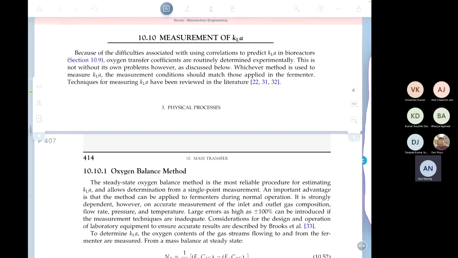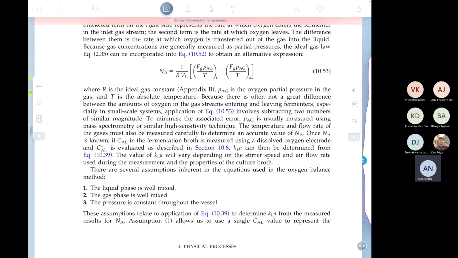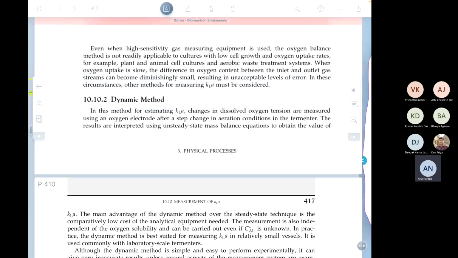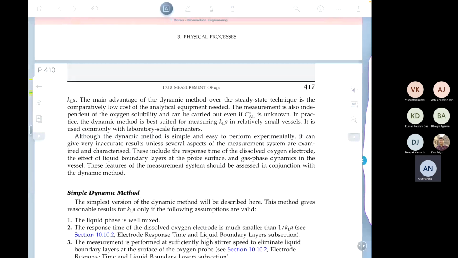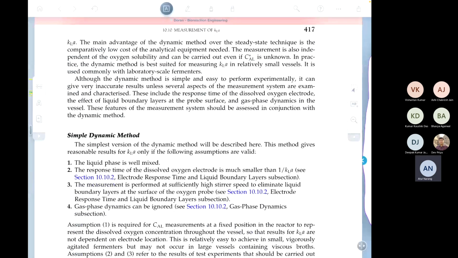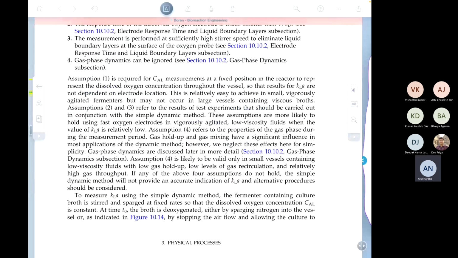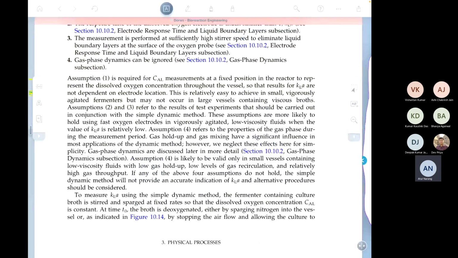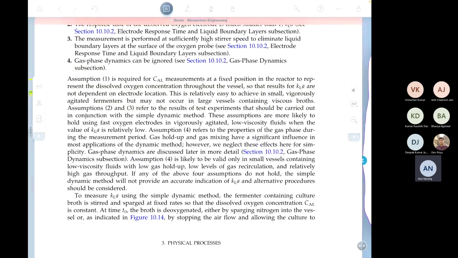I have not done the oxygen balance method. I'll get to this in a minute. What I have covered today is 10.10.2, the dynamic method. And the book covers, as far as I can tell, only the method with cells in it.